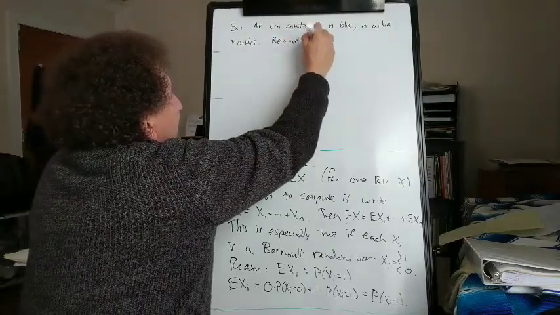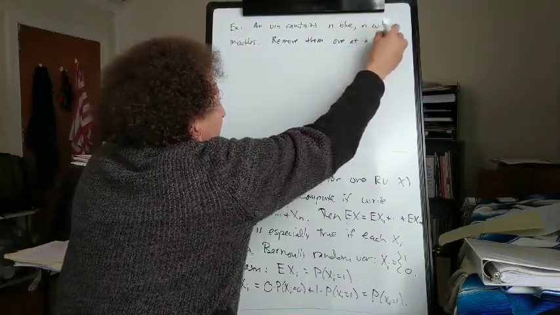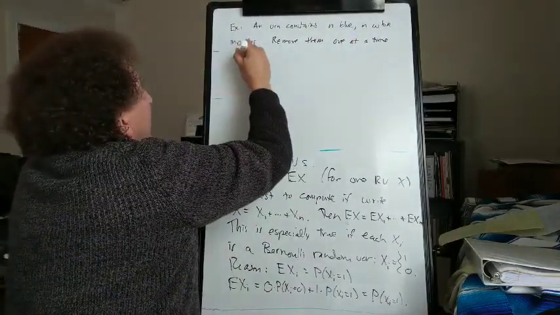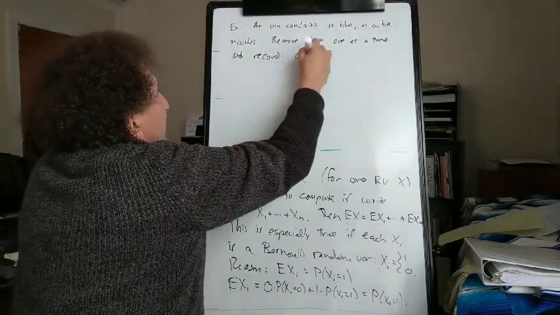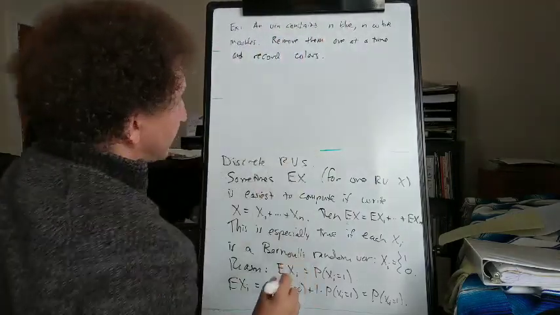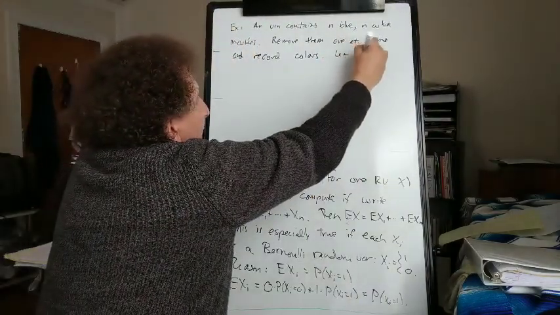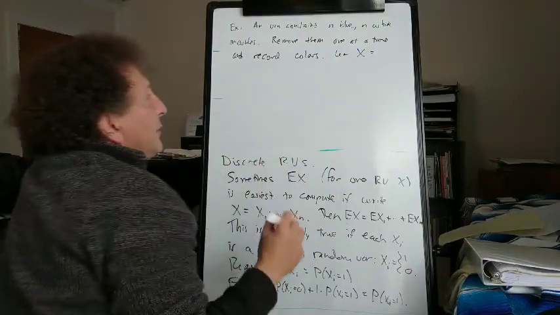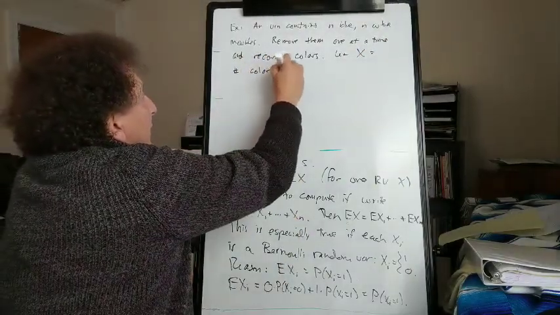Let's remove them one at a time and record the colors. And let's let the random variable x be the number of color changes.